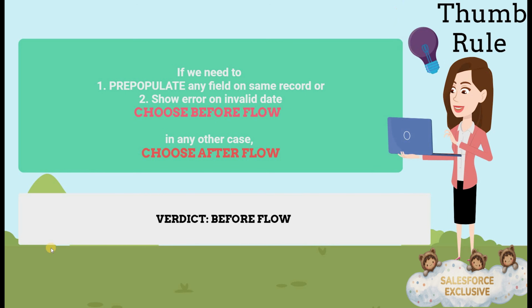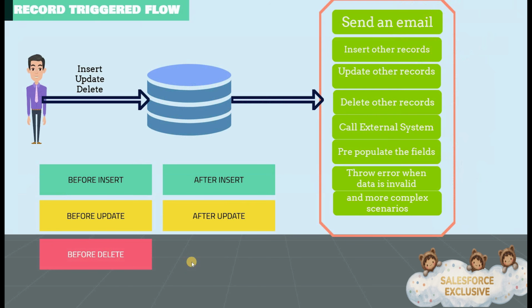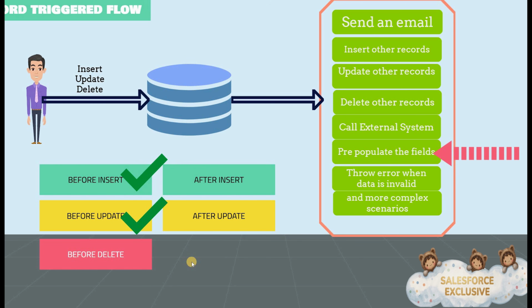So the verdict is before flow, as per the thumb rule. This pre-populating of the fields can be done in both before insert and before update, because when they are inserting, they can update the billing address so that shipping address can pre-populate. Even when they are updating, we can update the shipping address from billing address. So in both before insert and before update, we need to write our logic.